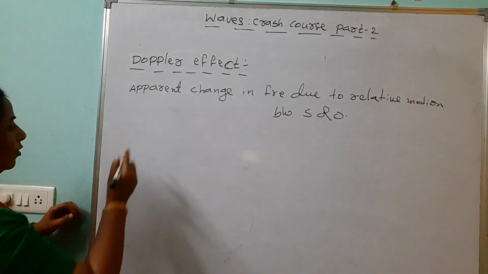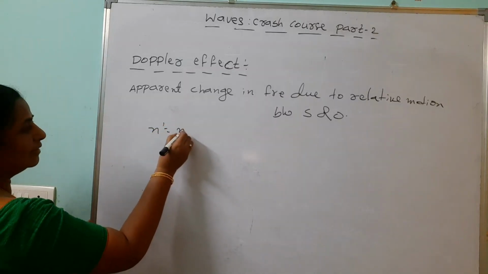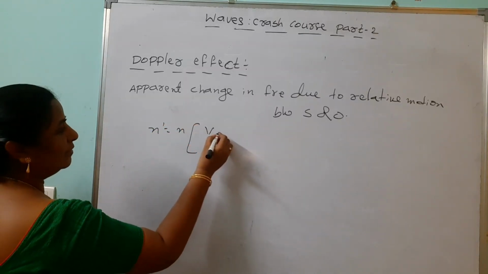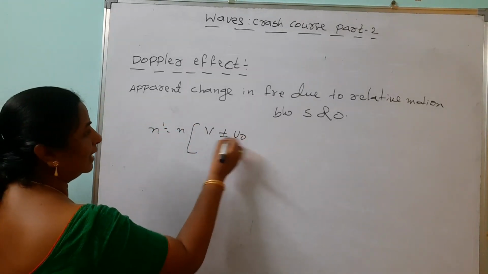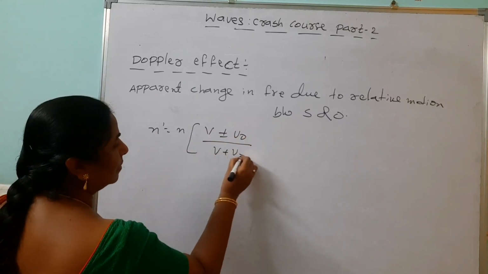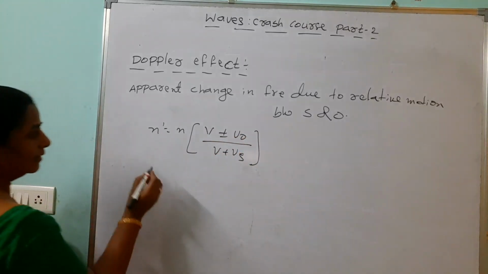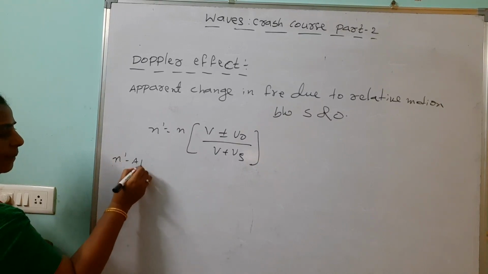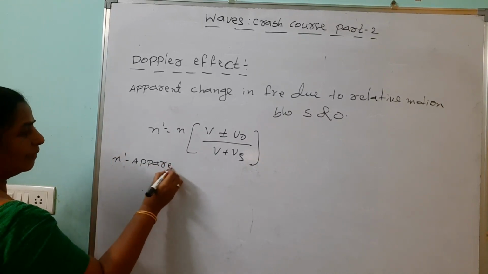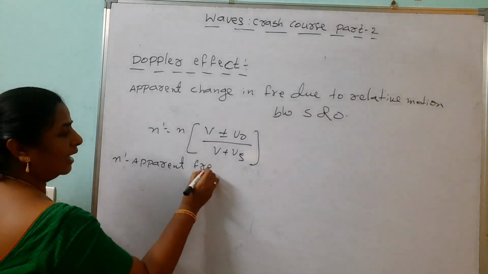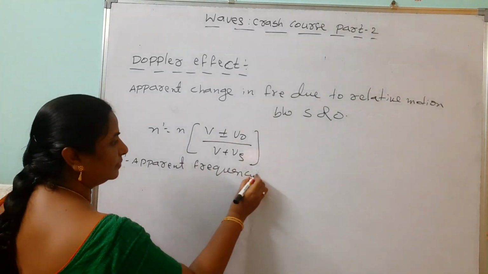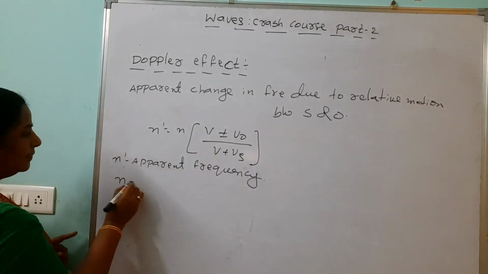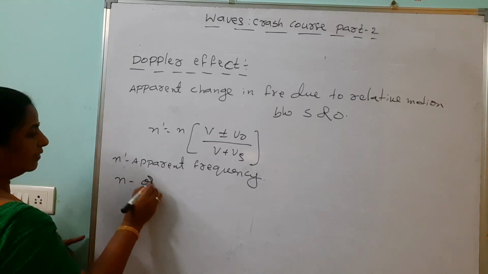Here you can take one common formula. N dash equals N into V plus or minus V naught by V plus or minus Vs. Look, N dash is the apparent frequency. N is the original frequency.